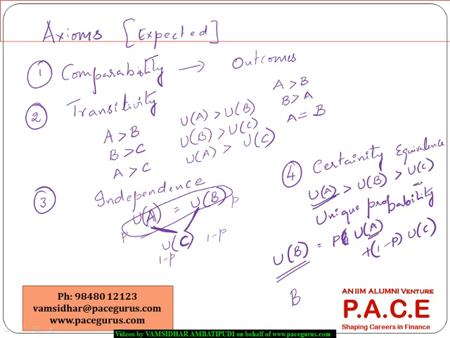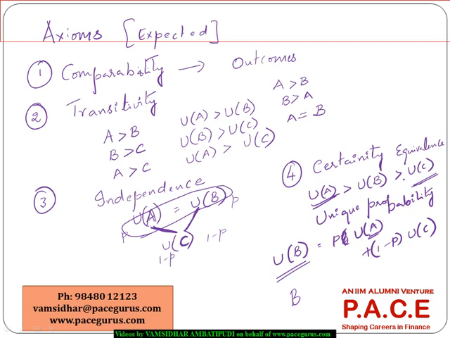C is something where the utility is much lower. There could always be a combination by going with an investment of P in A, 1 minus P in C, and you can construct a utility which is more or less equivalent to that of B. So this is the certainty equivalence axiom.